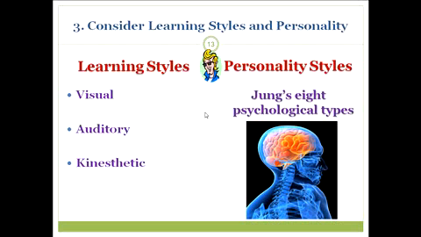Are your learners visual, auditory, or kinesthetic? In other words, do they need to see and read? Do they learn best by visually seeing what's going on through observation and reading the literature and information?